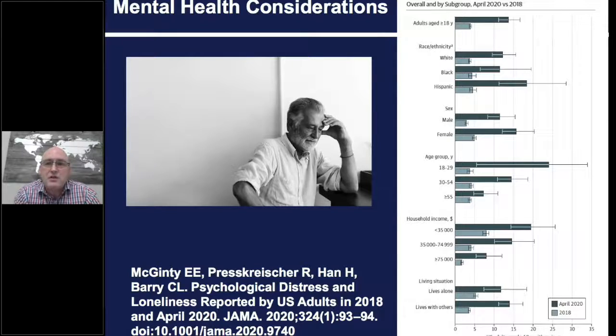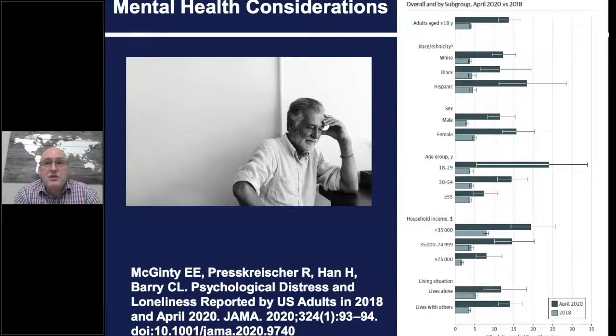I'm mindful that the slide on the right might be a little small when you're looking at this on a computer, but what we can see across every single demographic in relation to age, ethnicity, household income, living situation, is that, so these are data published in the Journal of the American Medical Association based on data collected in April, so early stages of the pandemic, when compared to age-matched controls 2 years earlier in 2018.